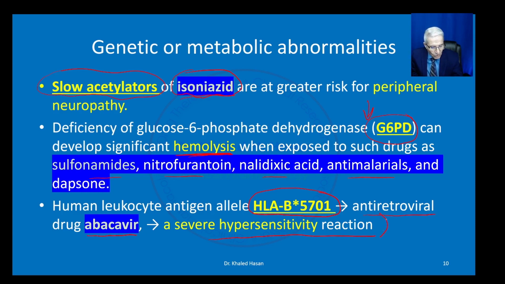Not all patients suffer from severe hypersensitivity reaction, but they found that people carrying this type of antigen, HLA-B 5701, have an increased risk of severe hypersensitivity reaction.